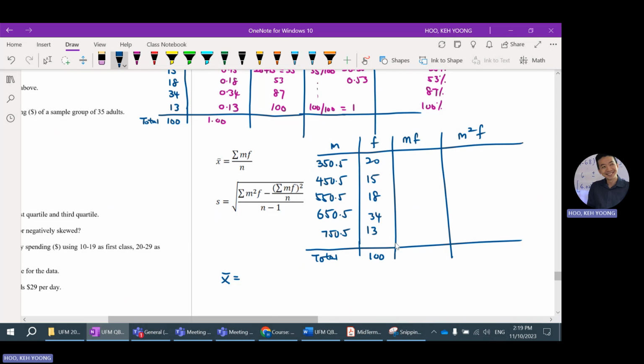Can you tell me the answers? How about M squared F? Have you found it?